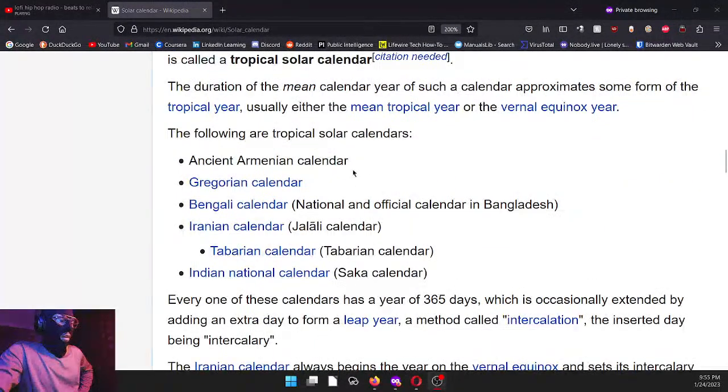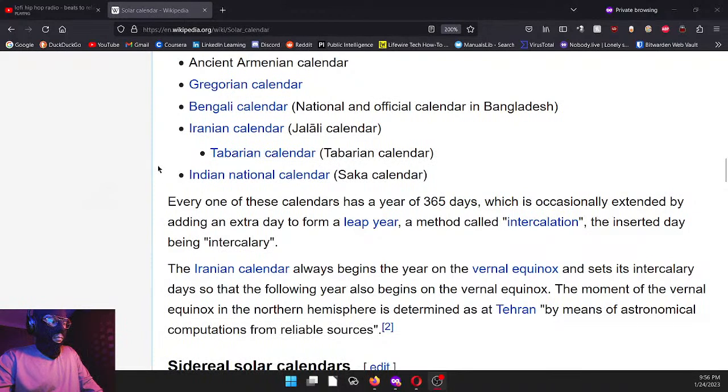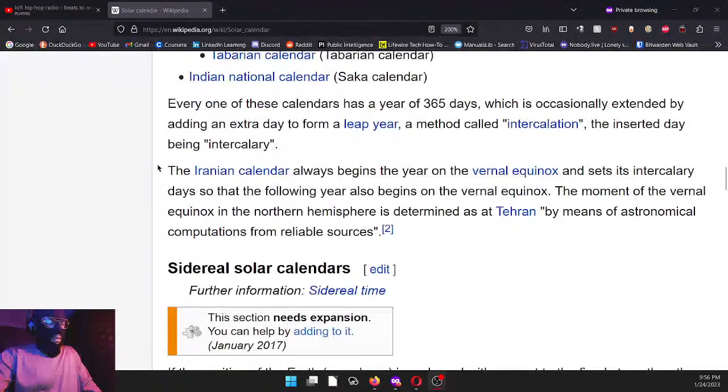The following are tropical solar calendars: the ancient Armenian calendar, the Gregorian calendar, the Bengali calendar, the national and official calendar in Bangladesh, the Iranian calendar, the Tabarian calendar, and the Indian national calendar. So it seems like it varies. It always varies depending on what place you are.